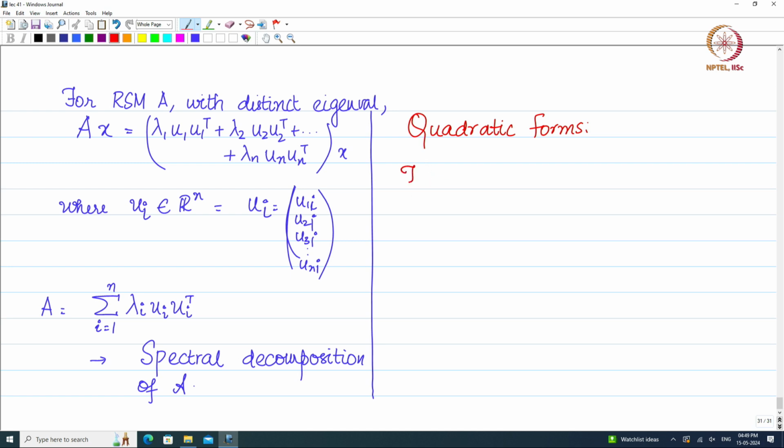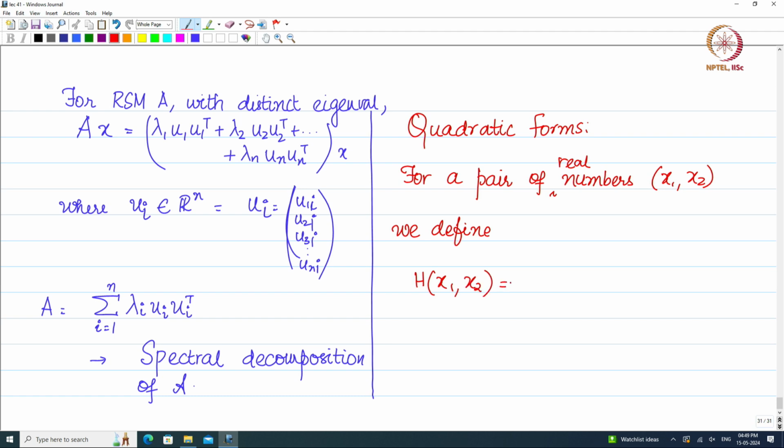For a pair of real numbers x1, x2, we define h of x1, x2 to be a x1 squared plus 2b x1 x2 plus c x2 squared. This h of x1, x2 is a quadratic form.